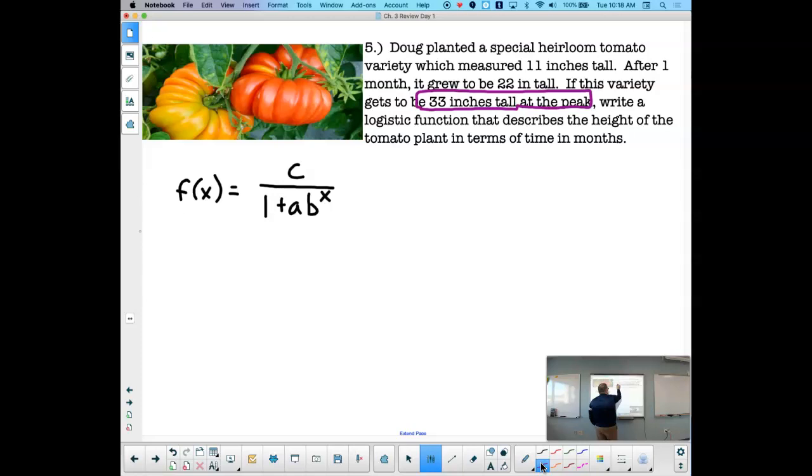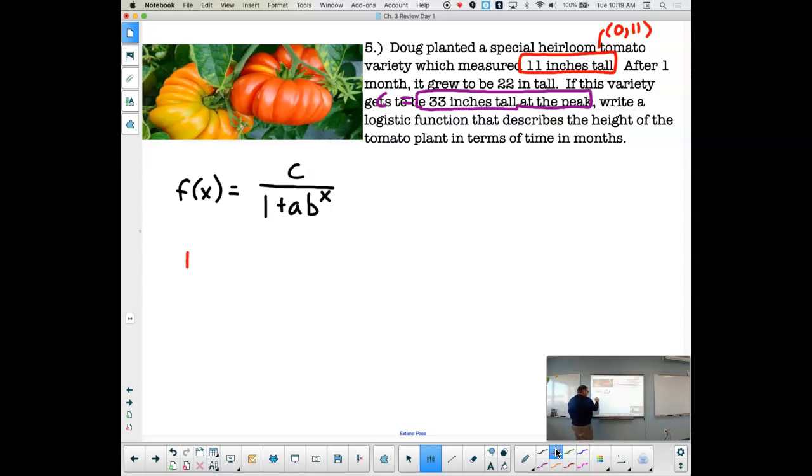So that's going to be c. Then this one, when we started, measured 11 inches tall, that one is going to be my initial value, (0, 11). So I'm going to use that to find either a or b.